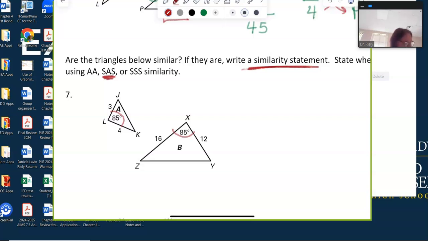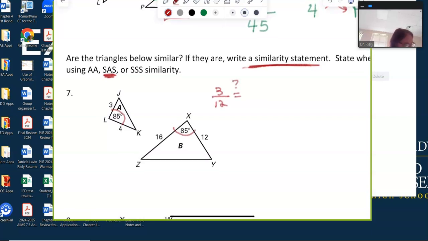So take the smaller of the two values on the left and put it over the smaller of the two values on the right. Does this equal the bigger of the two values on the left over the bigger of the two values on the right? Now let's just say I don't feel like reducing. What could I do to check this?